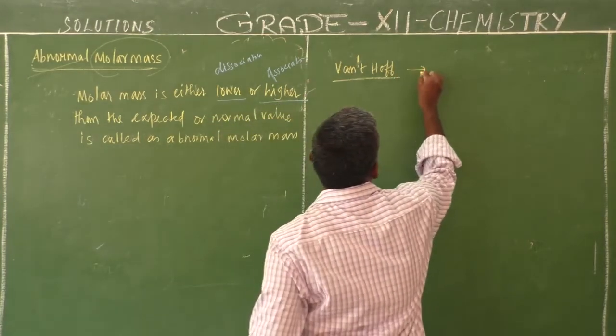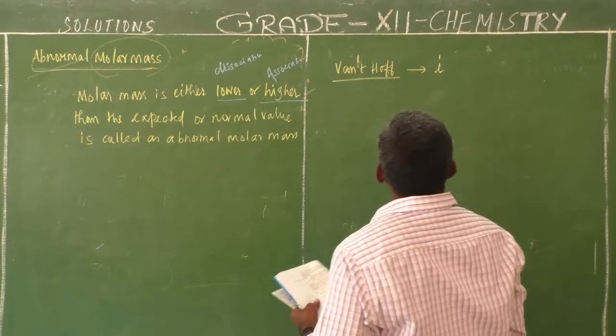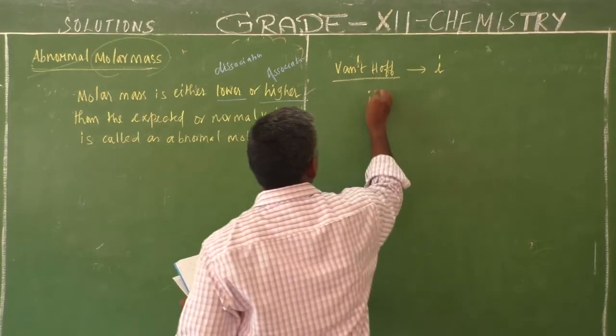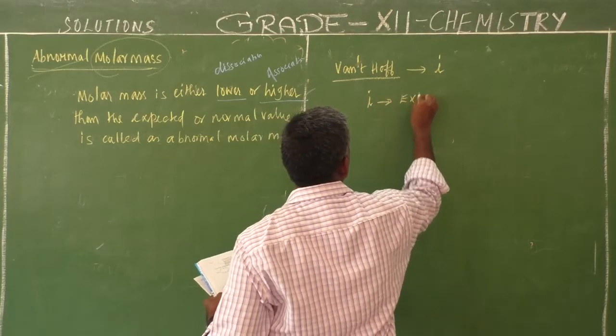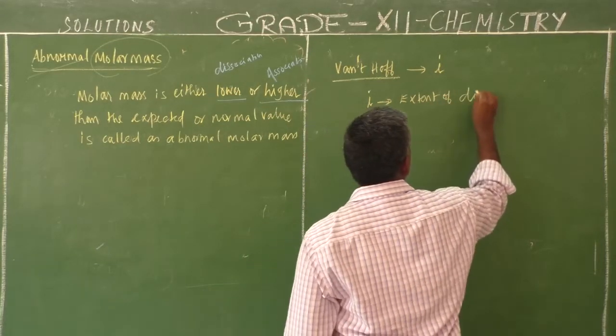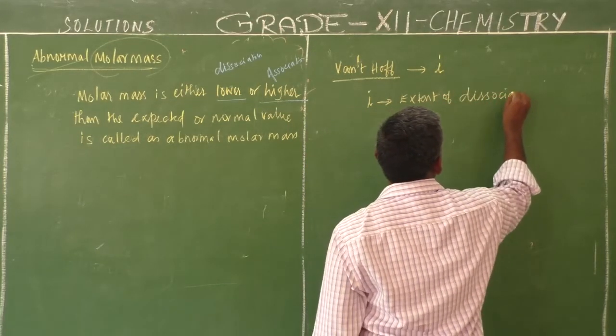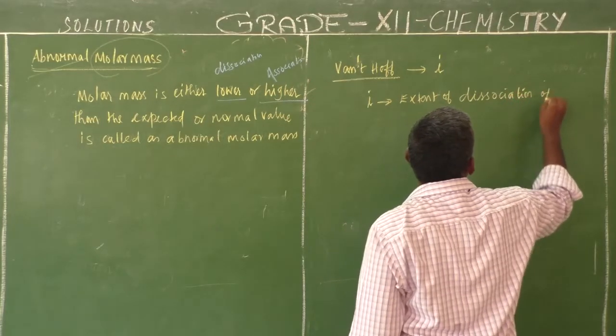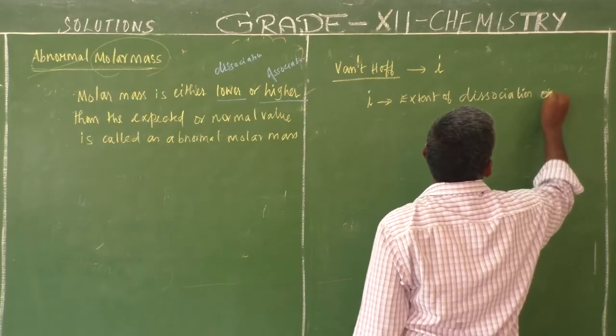He introduced one factor, that is i. What does i mean? The extent of dissociation or association.